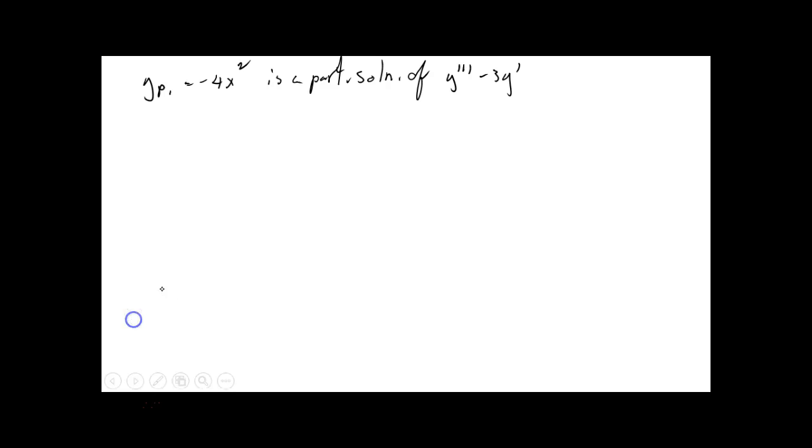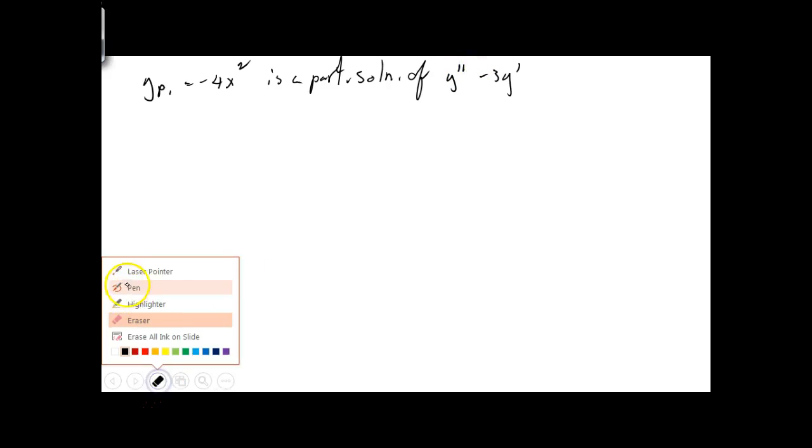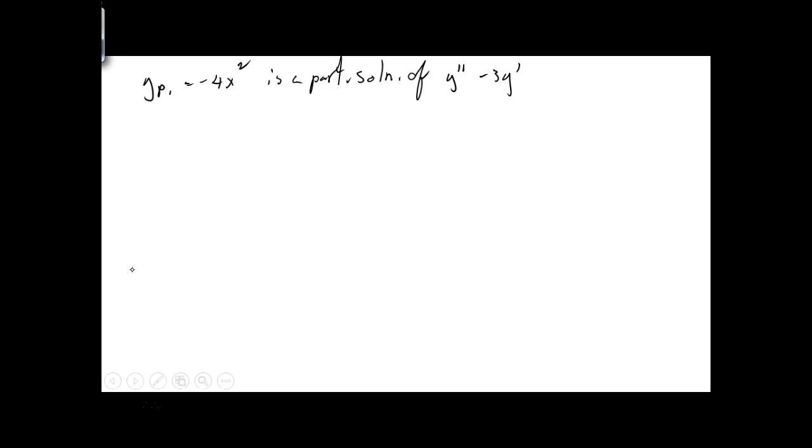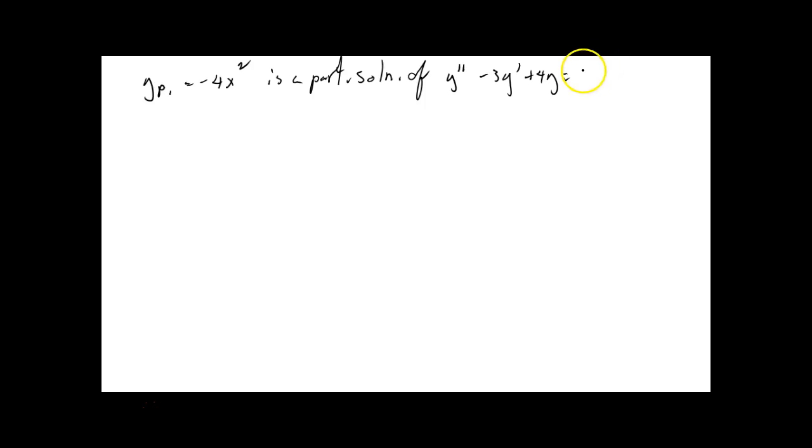Sorry about that. Okay, y double prime minus 3y prime plus 4y is equal to minus 16x squared plus 24x minus 8. Okay? It says that this is a particular solution of that.